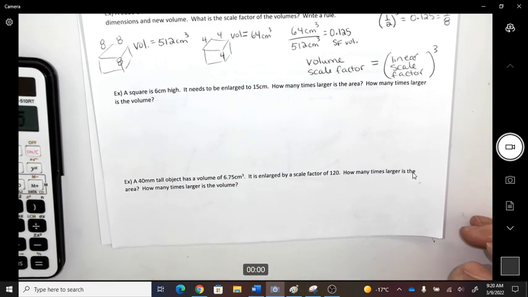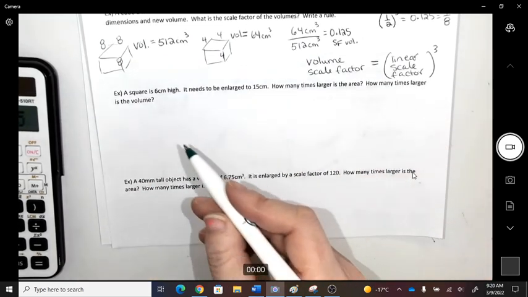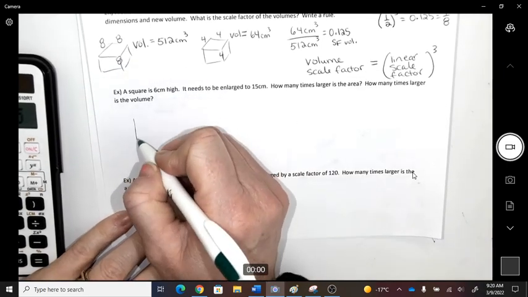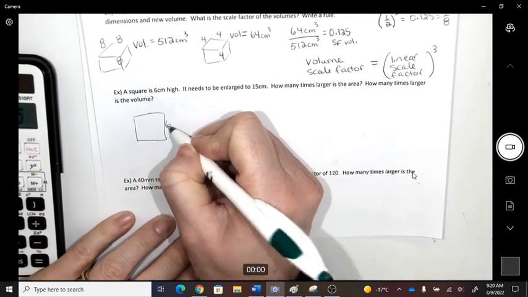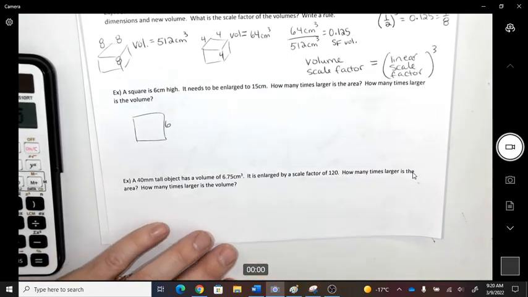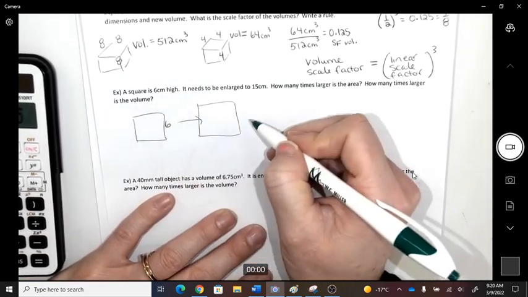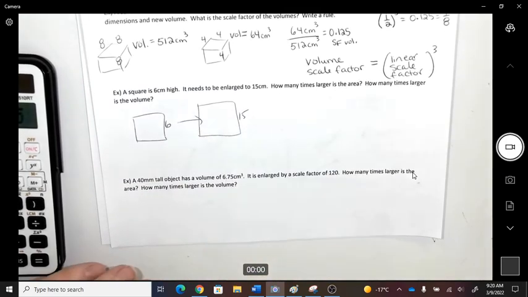Okay, next one. If we have a square and it's got a 6 length, and then we need to enlarge it in a way that it turns into a 15.